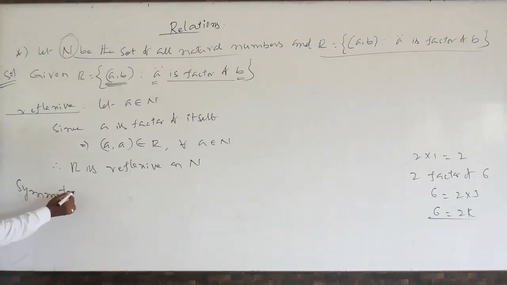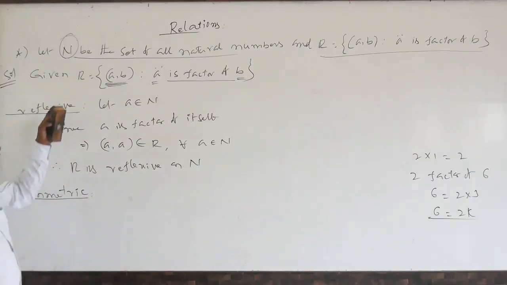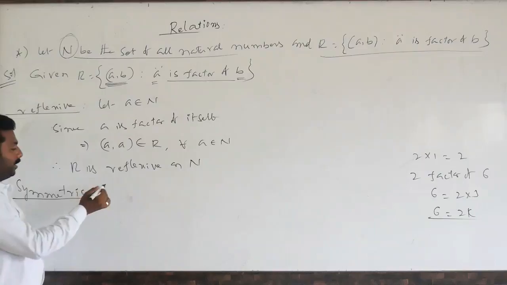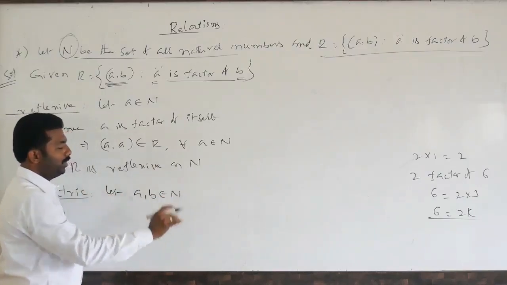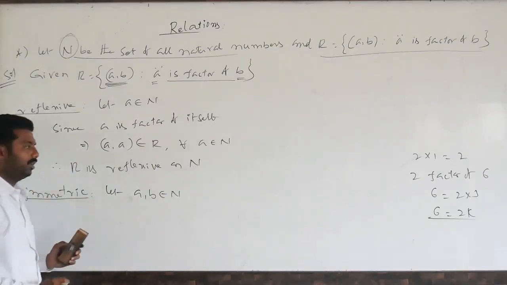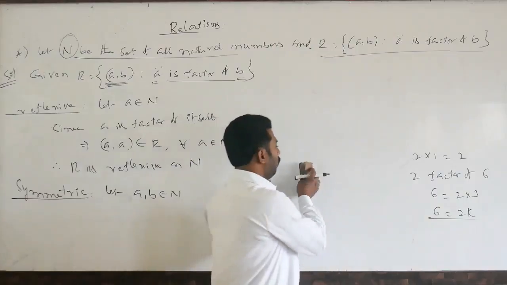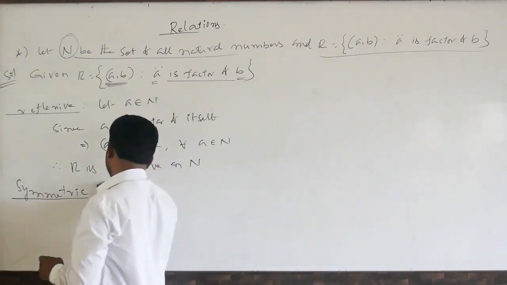Then, whether this relation is symmetric or not, we have to discuss. So, for symmetric, what do we have to discuss? Let A, B belong to the natural numbers. If you write theoretically, the answer will be wrong because I will take one counter example. What is the counter example here?